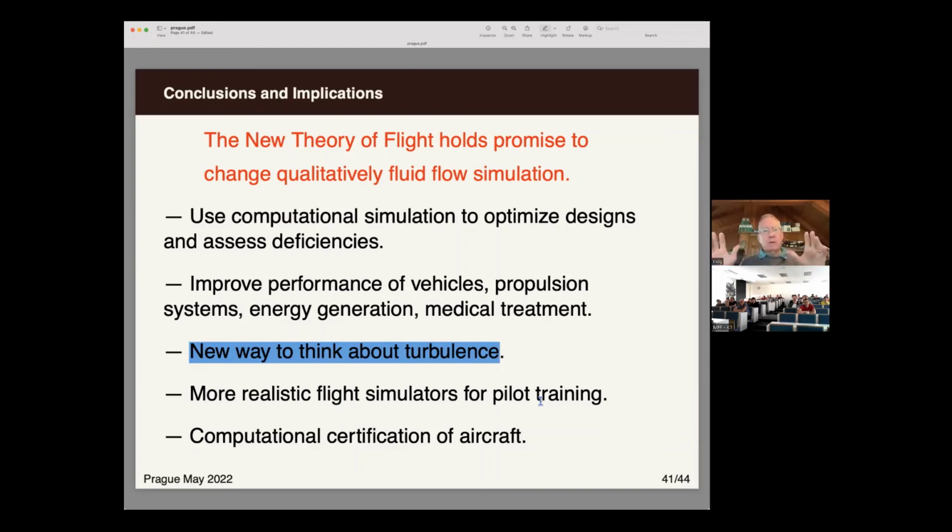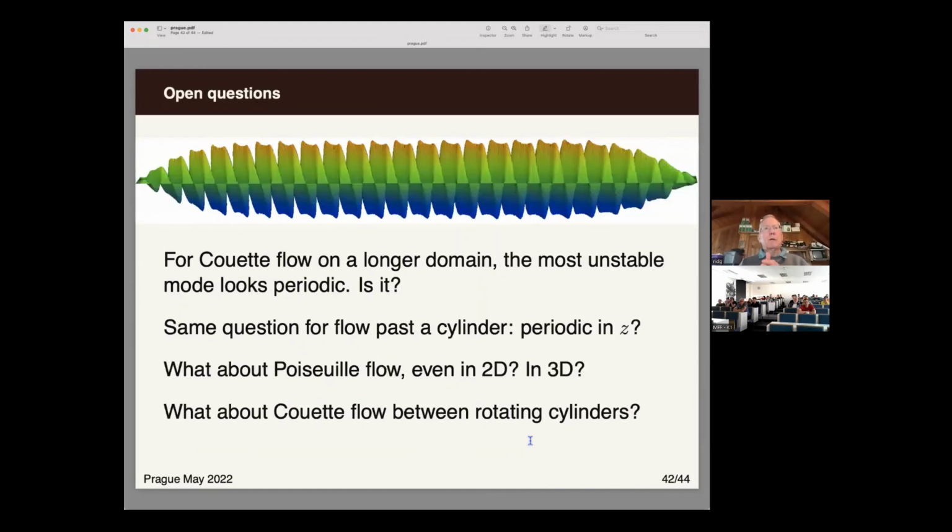We don't have any of that today. And finally, wouldn't it be nice if we could save a lot of money by doing at least a lot of this certification of aircraft computationally? One of the biggest barriers to developing new airplanes today is the cost of certification. Okay, those are some possible new things that can be done, but there are a lot of open questions still.